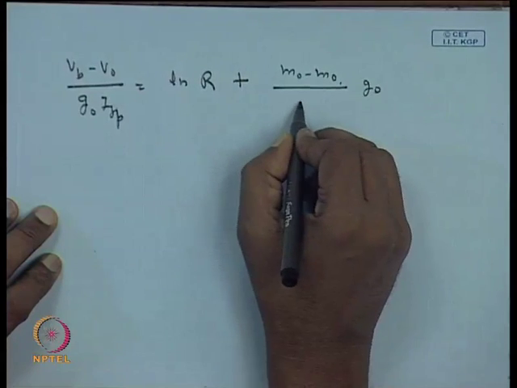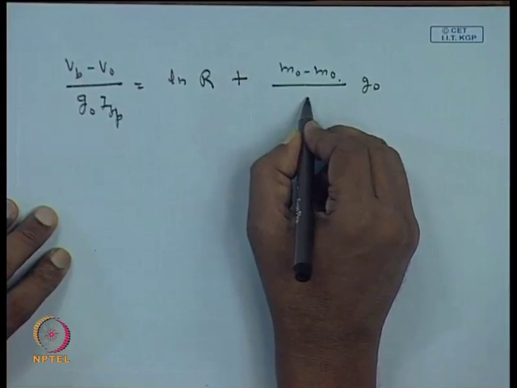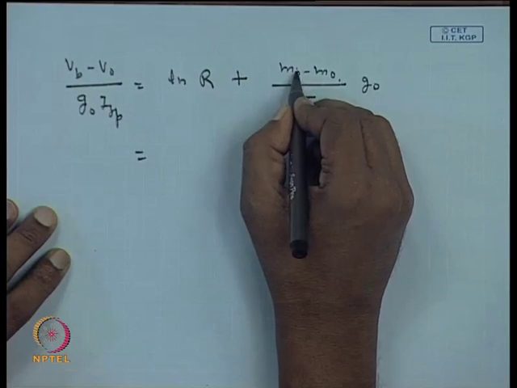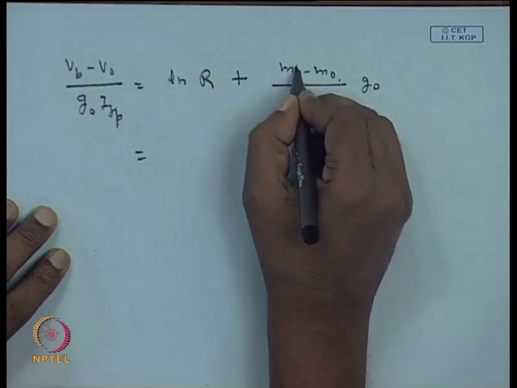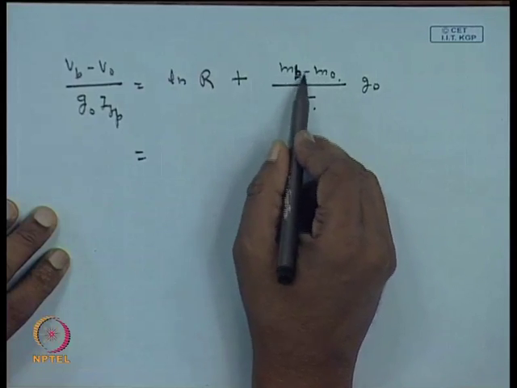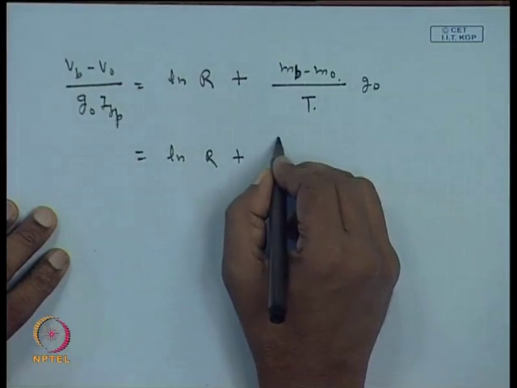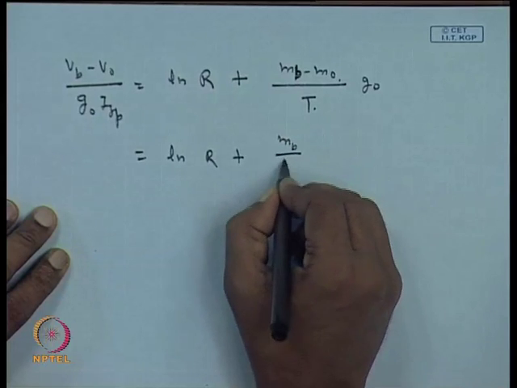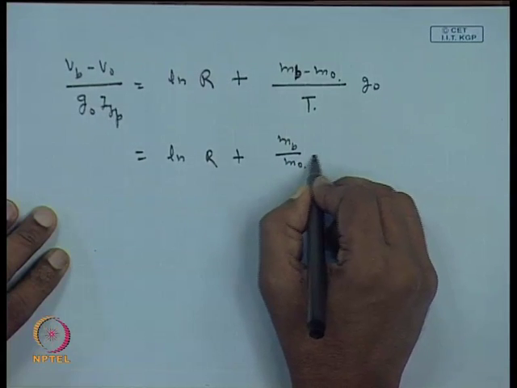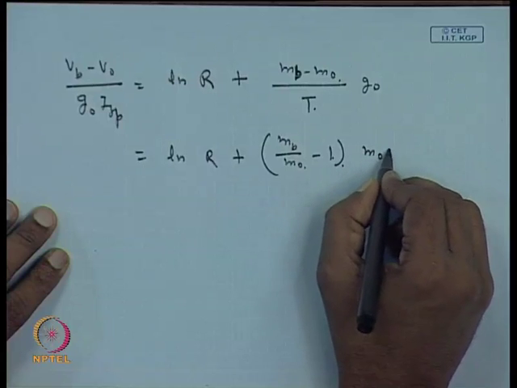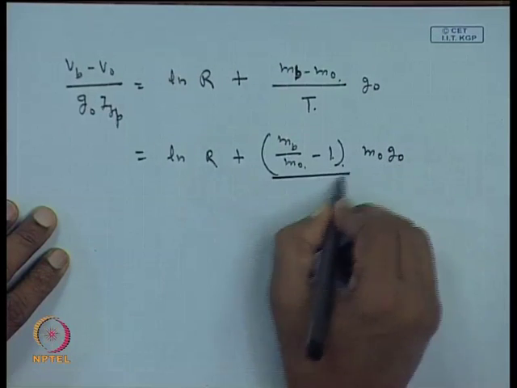G0 we can put here and T in this place. So, this is mb, not m0. Okay, now, dividing this by m0. So, ln r plus mb divided by m0 minus 1, this becomes m0 times G0 divided by T.